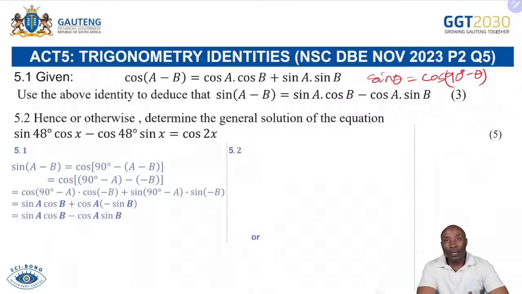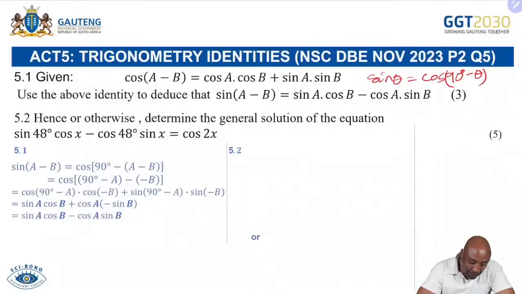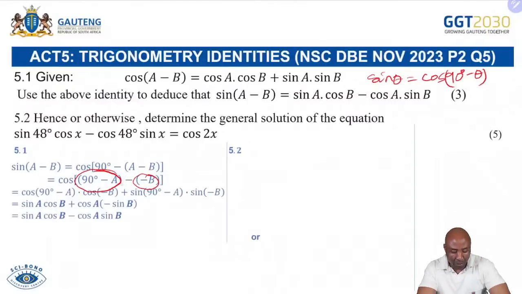I apply the algebra there and I should get cos 90 minus A minus, because that will give me plus, but according to my function there, I'm having a minus, so I should make sure that I only substitute. Where there's A, I put 90 minus A. Where there is B, I should put negative B so that I have my negative sign in between there.